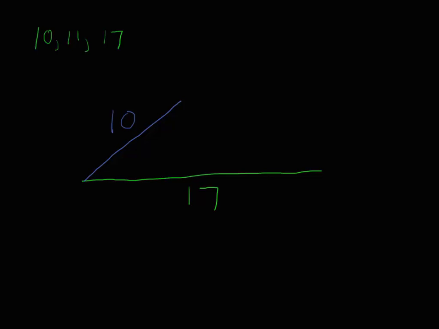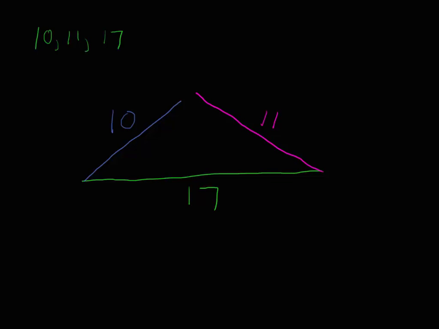Let's call the one on the left 10, and the one on the right 11. Because 10 plus 11 is 21, they will more than cover the 17 as my base, and they will form a 10, 11, 17 triangle.